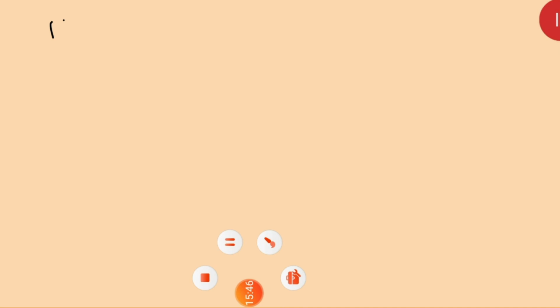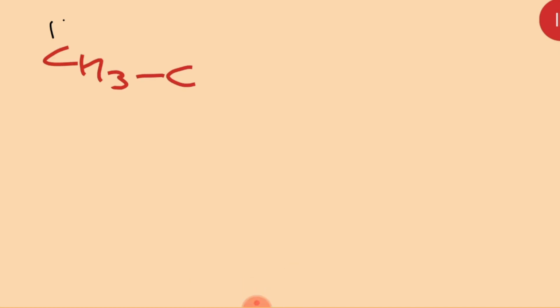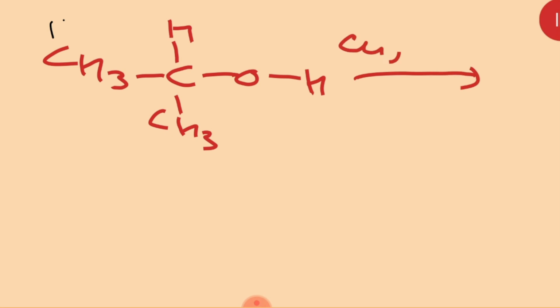With the secondary alcohol, you see, there is the OH. Then in the presence of copper at 573 Kelvin temperature, what happens?